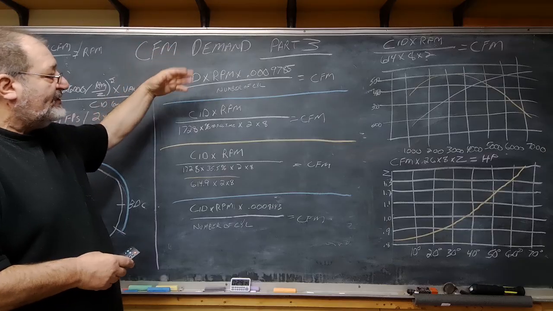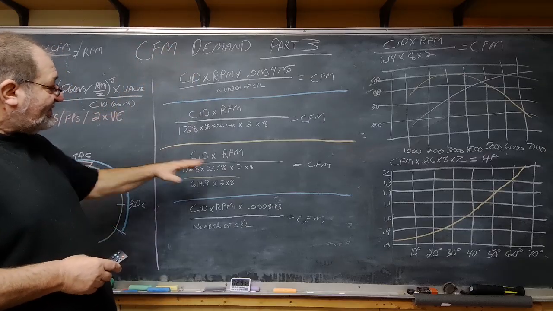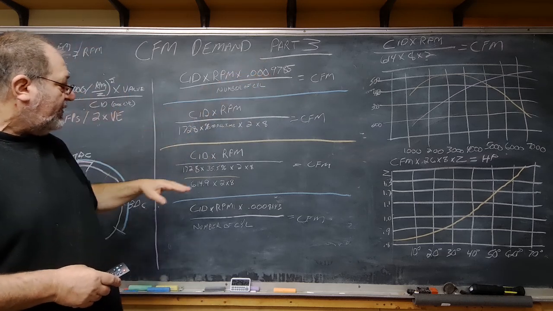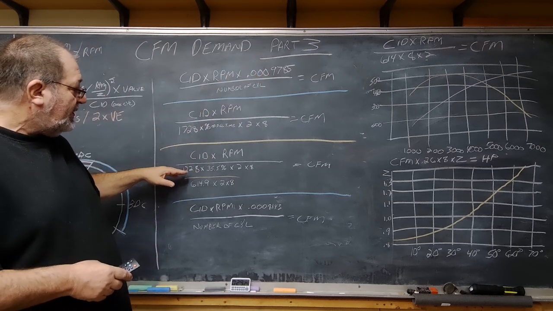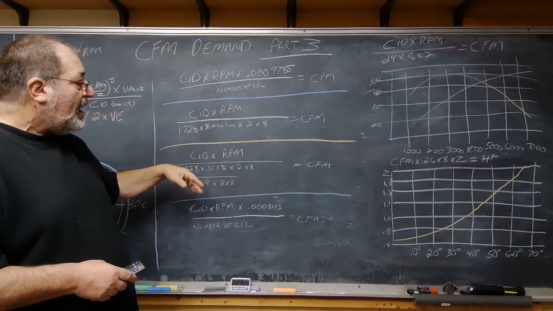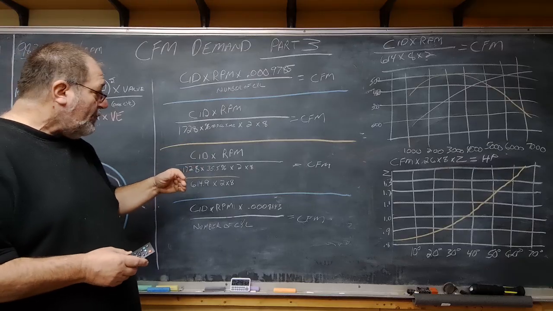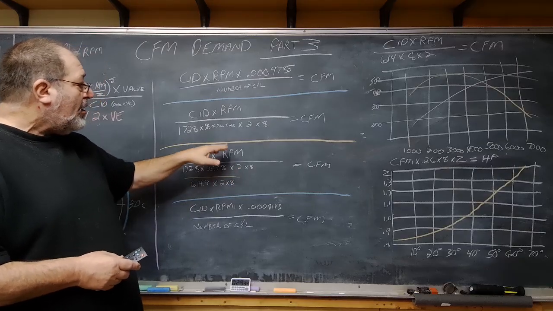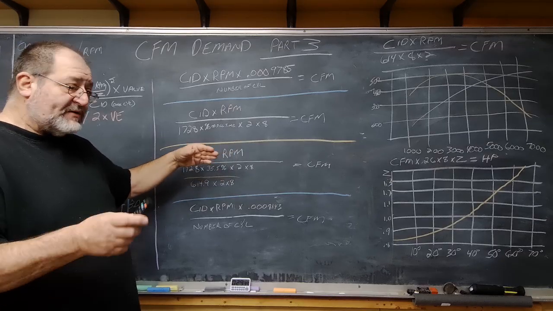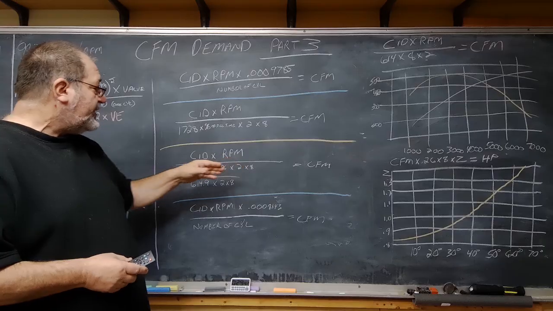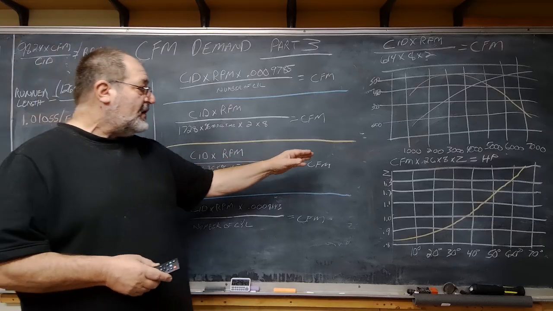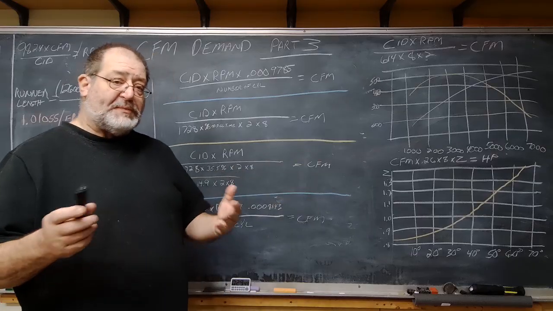That's CFM demand. This is part 3. That's the breakdown of what that constant is. It is really a conversion from cubic inches to cubic feet, a percentage of the time that the camshaft is actually open, a conversion on RPM to cut it in half because of cycles, and a conversion from CID to a single cylinder to give us the CFM flow that we're expected to see.